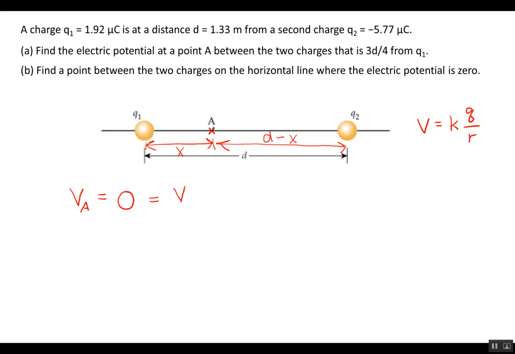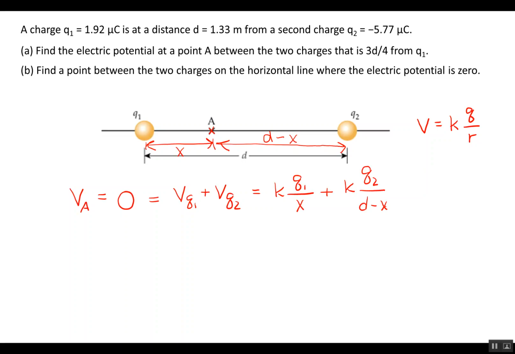The total voltage is the voltage due to Q1 plus the voltage due to Q2, which is K Q1 over X plus K Q2 over D minus X, and that equals 0.